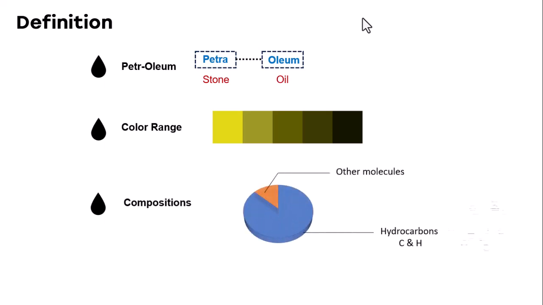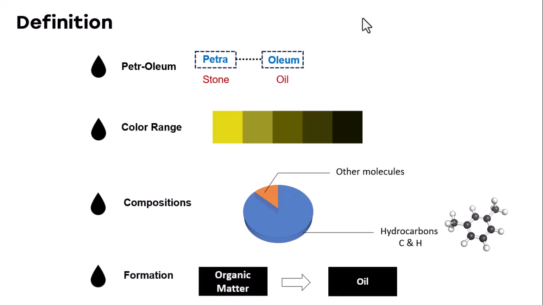Petroleum is mainly composed of carbon and hydrogen, and it has a very small fraction of other molecules. Petroleum is composed of organic matter that is transformed into the known petroleum in its known liquid form. We will discuss this in the next slides.